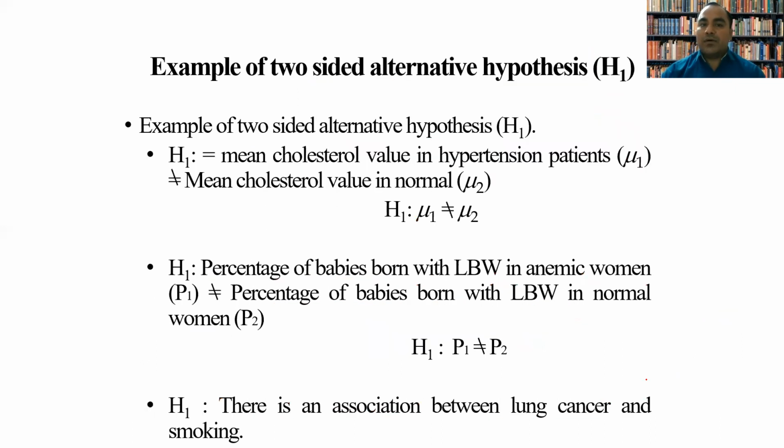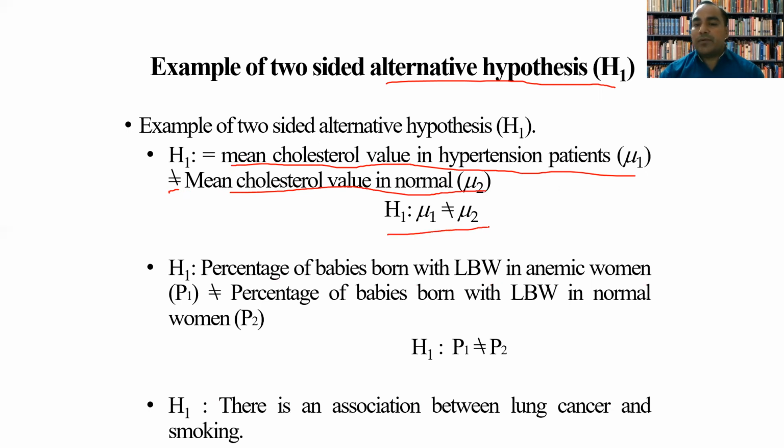Now we'll discuss two-sided alternative hypothesis. According to the definition, we know if direction is not clear, it is a non-directional test. For example, the mean cholesterol value in hypertensive patients, mu1, does not equal the mean cholesterol value in normal patients.